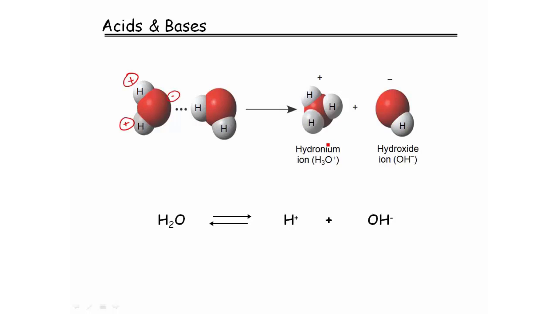So we can end up with what we call hydronium ions, which are H3O. We're not going to talk a whole lot about hydronium ions in here. What is going to be very important to us is the concentration of the hydrogen ions that we have in solution, because those are going to ultimately determine what we call the pH of a solution.